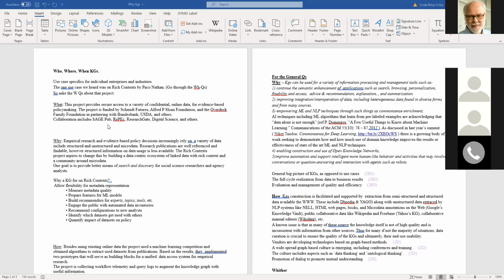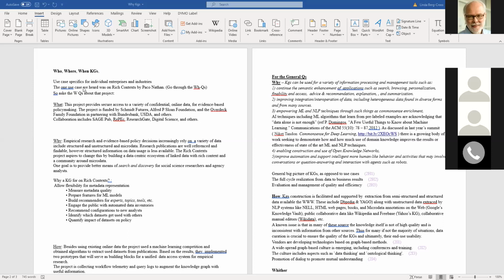On the left side, I went back to the fact that we have a use case section for our communique. Usually we have sessions and we write up the summaries of the sessions. In this case, we're writing up maybe summaries of the use cases. So I took Paco Nathan, who I had as a speaker talking about rich context, as an example of a use case.